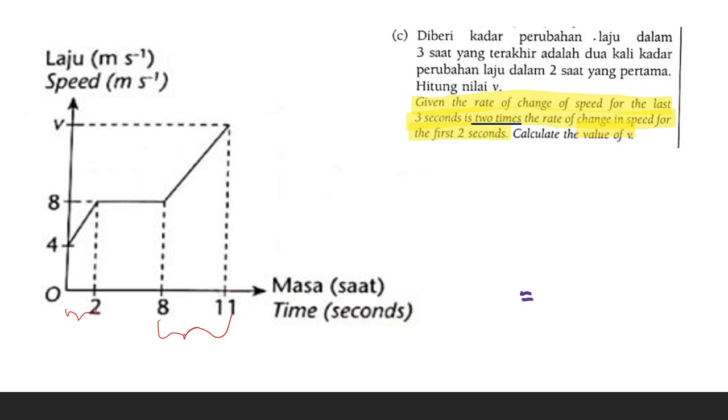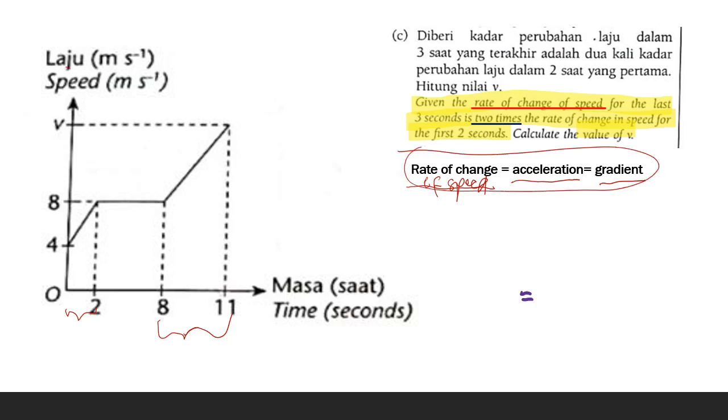Okay, so what do you understand by the rate of change of speed? This is another word for acceleration, or gradient. Rate of change of speed is actually equal to acceleration. And how to find acceleration? You just find the gradient. Okay, this one applies only for speed time graph.